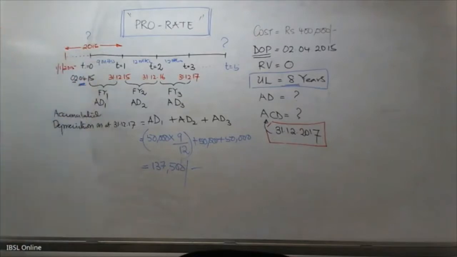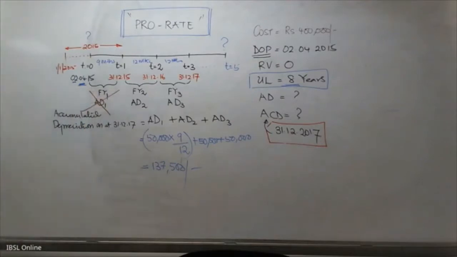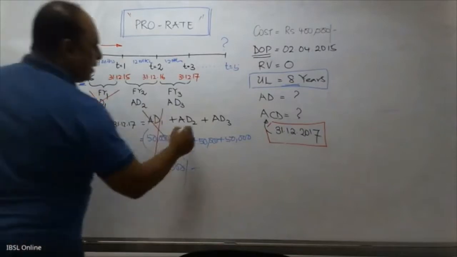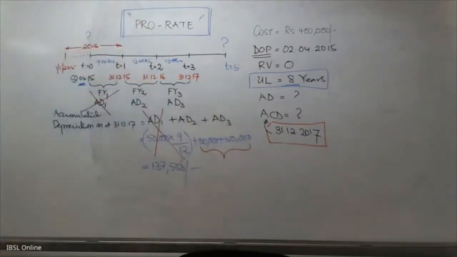So what will happen automatically? AD1 cancels. So automatically, you will have only AD2 and AD3. Is that clear to you all? Because this is very, very important.